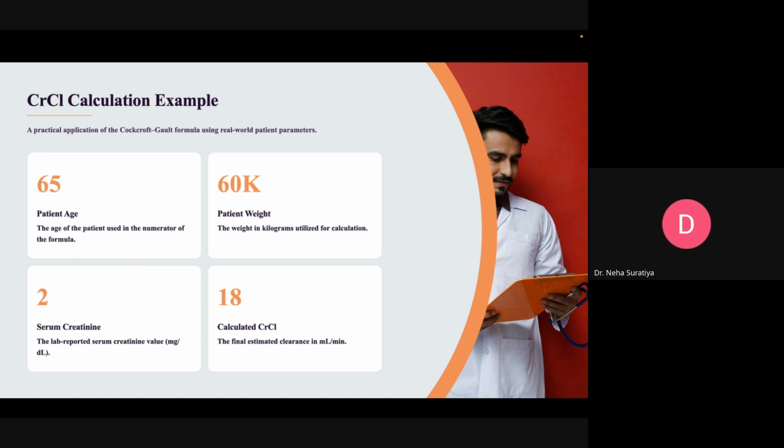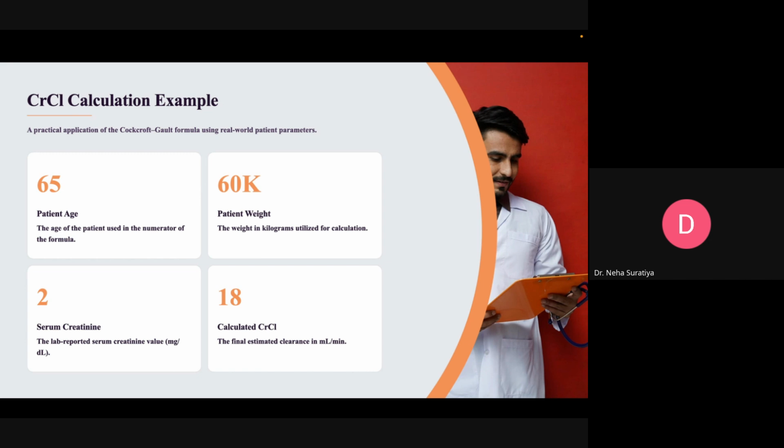How will you calculate? You have the formula, you can try it. The answer is written here, but you can try by yourself to see whether you are getting it or not. I will let you know what will happen if the patient is bedridden, don't worry.